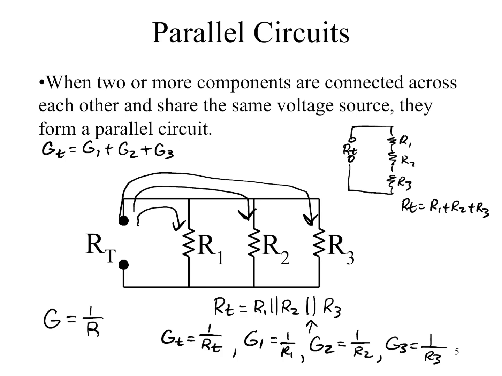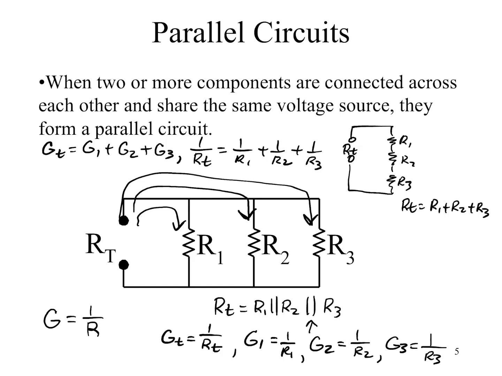But now what if we wanted to evaluate that for resistance? Remember, G total is 1 over R total. G1 is 1 over R1. Okay, you get the idea.